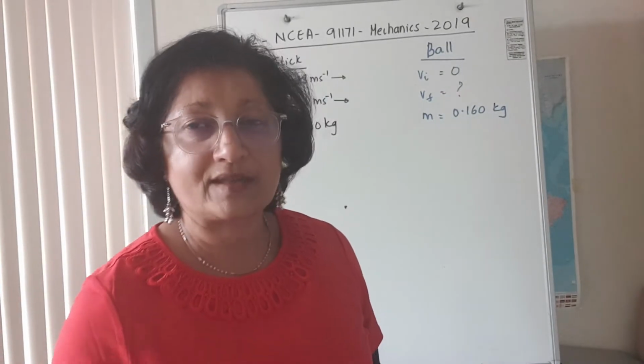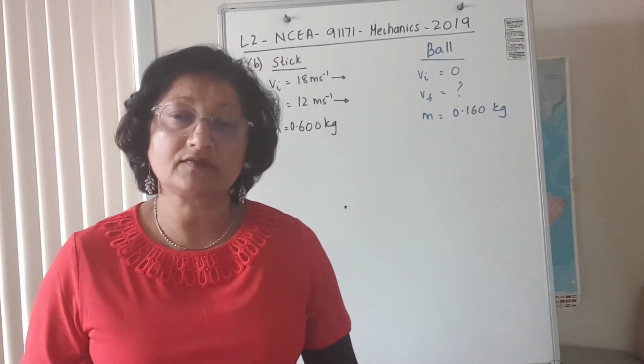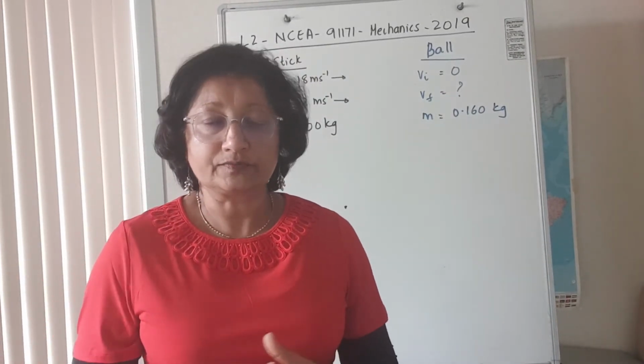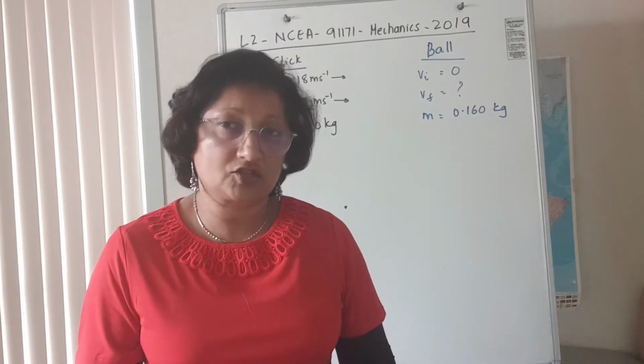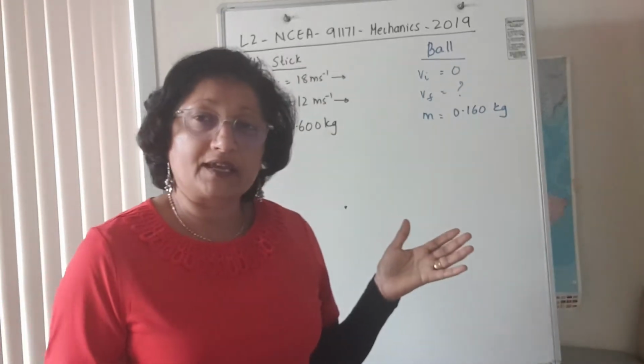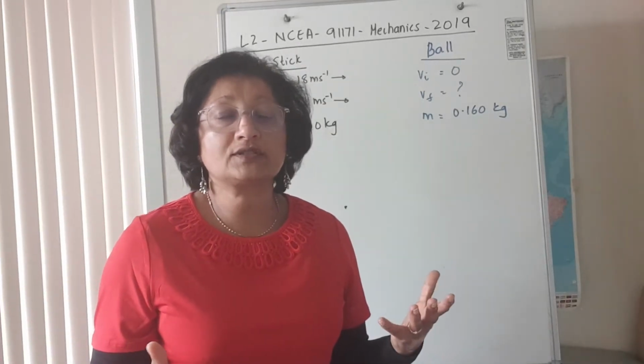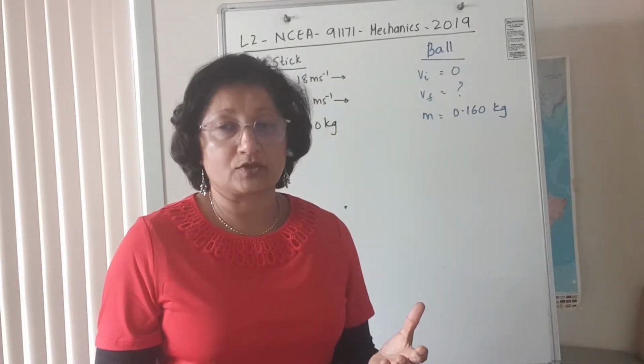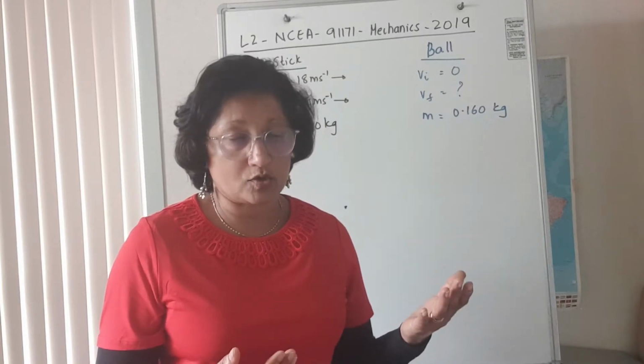Now, this sort of question has many ways that we can solve it, and the way that I'm going to do it is with conservation of momentum. So the assumption I'm making is that there is no external force and this is a closed system which includes just the stick and the ball.